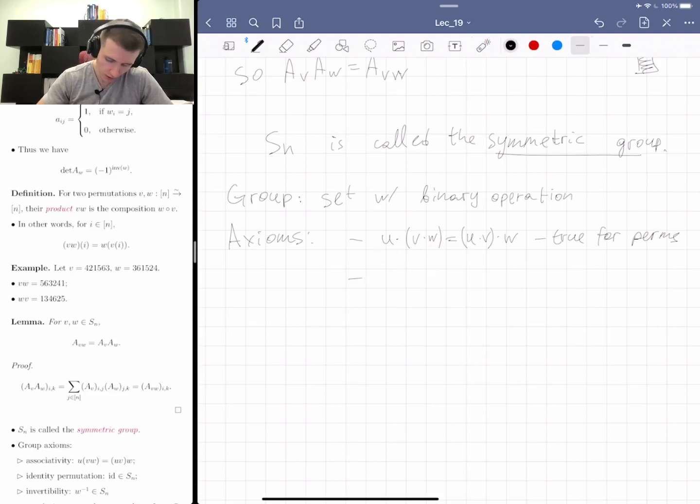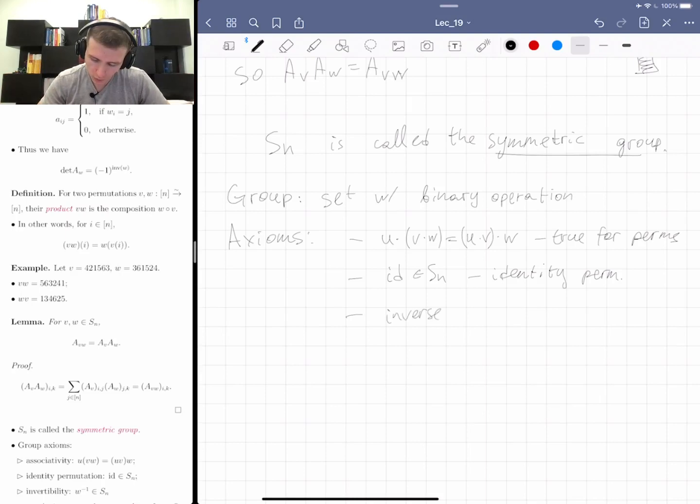And the second axiom is that there should be the identity element, which if you multiply any element by it, stays the same. So this is the identity permutation. And finally, every element should have an inverse. If you multiply an element by its inverse, you get the identity in either order.